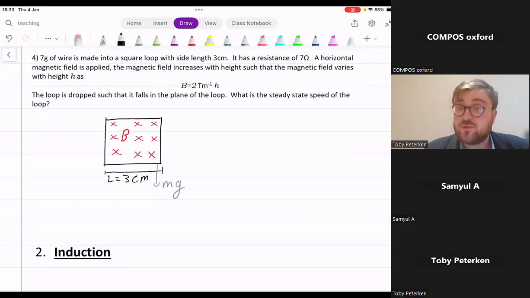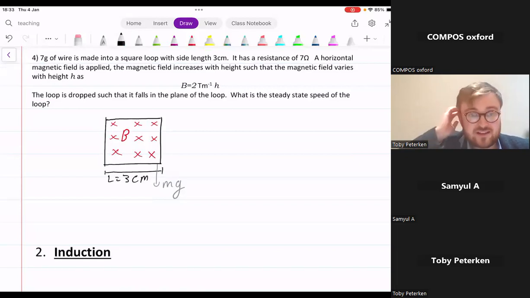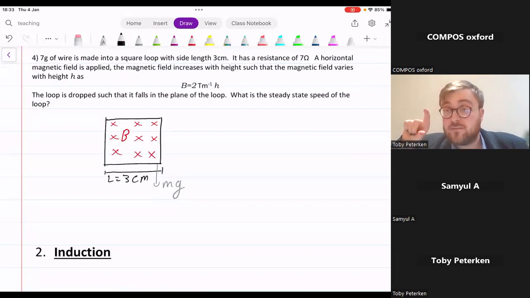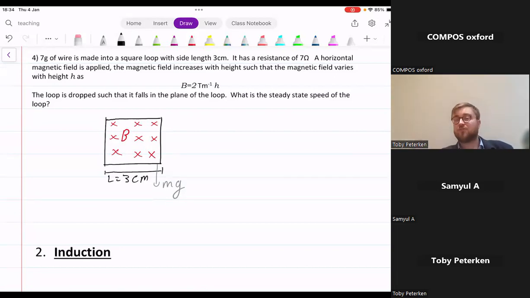If there was a downwards force, the loop would be not only pulled down by gravity, but pulled down by the electromagnetic induction. Then it would fall even faster, which means the rate of change of flux would be more, so it'd be more of a force down. It would fall even faster, and so on until it goes as fast as it possibly can. And that can't happen. So in order to balance out, the force must be upwards. I mean, Lenz's law is just energy conservation.